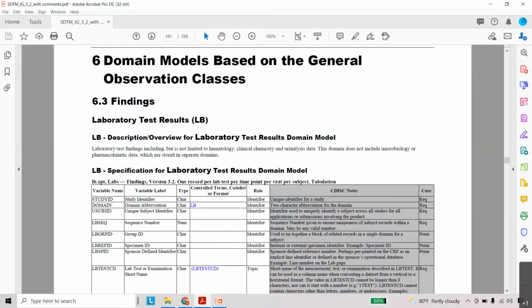Along with these laboratory test results, we have pharmacokinetics domains also present in the findings general observation class. Like we have pharmacokinetic concentration, called PC, and also we have PK parameters, called the PP domain. Usually the PK concentration and PK parameters domains will be performed based on the company level.